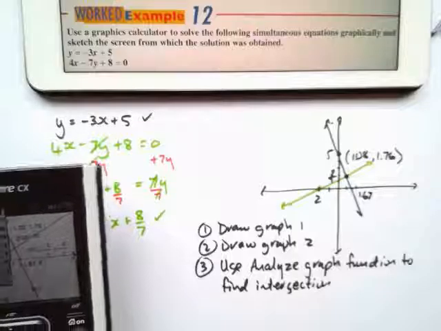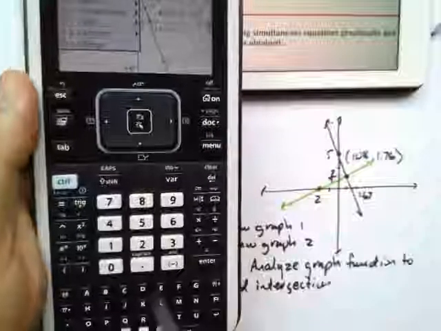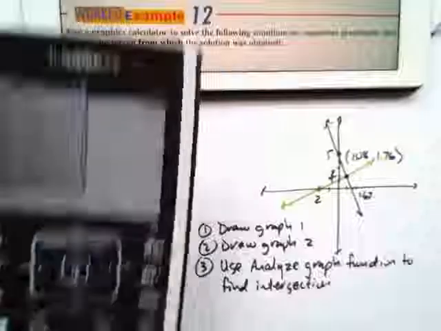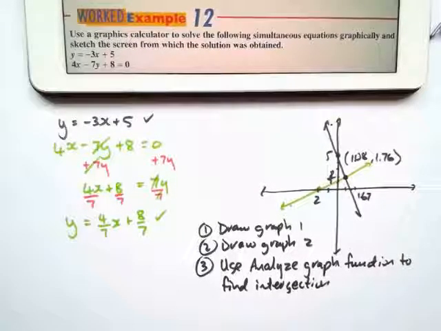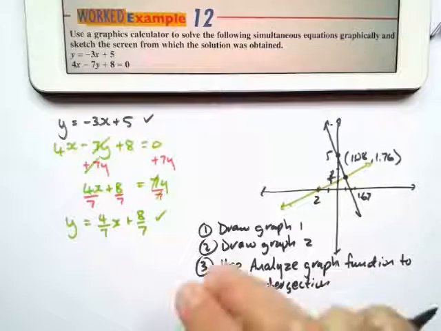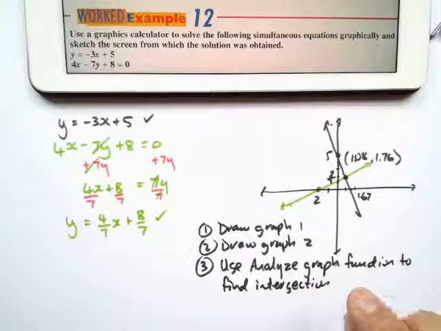You can either do that or you can say which buttons you actually pressed. And that is how you use your graphics calculator to solve simultaneous equations. You're only going to do this if they ask you to do it, or if you have time to check your algebraic solutions.